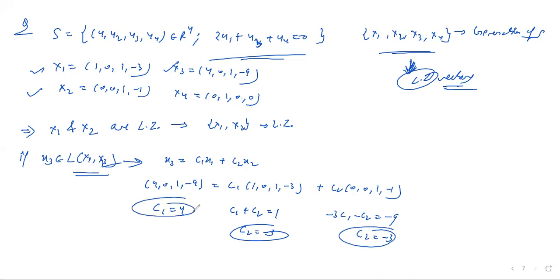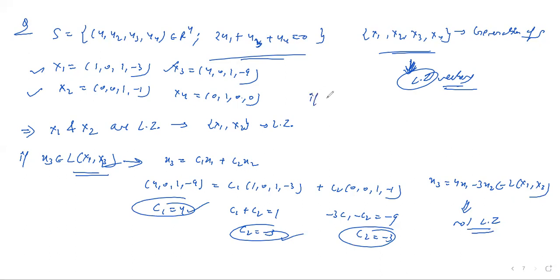So I have the constants 4 and -3. So x3 can be represented as 4x1 minus 3x2, which is spanned by the vectors x1 and x2. So this belongs to L of x1, x2. So it is not linearly independent because it is represented as a linear combination.